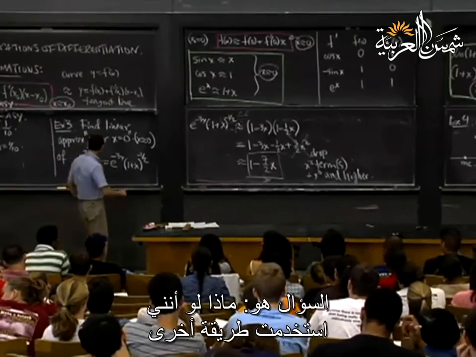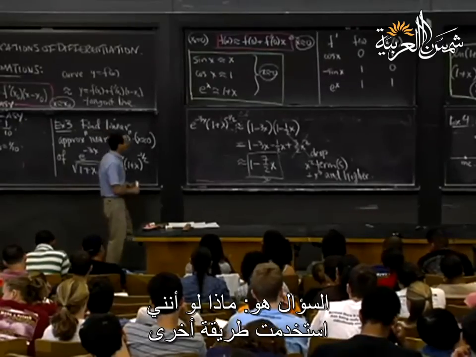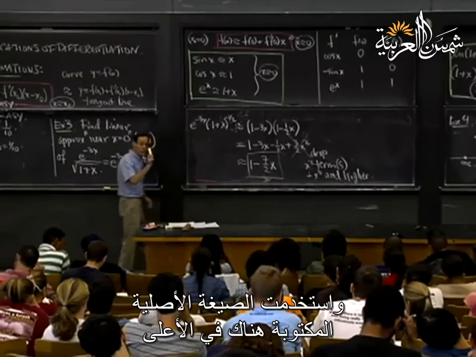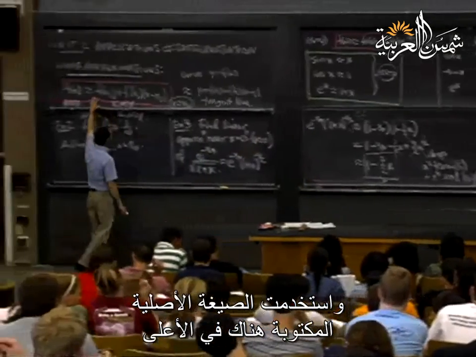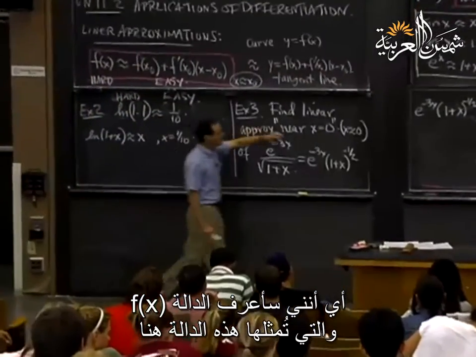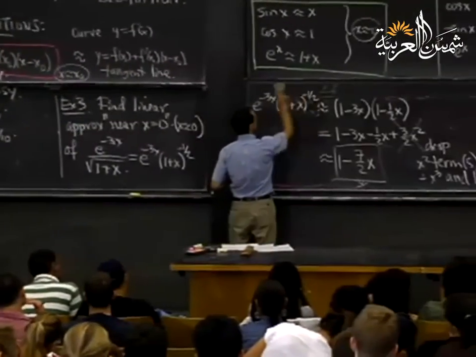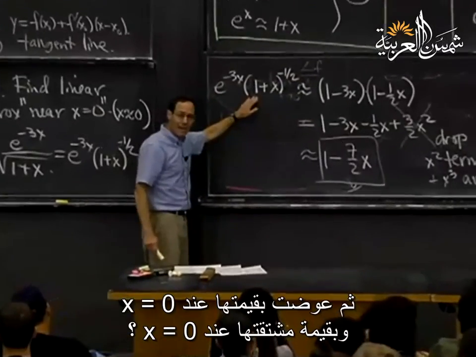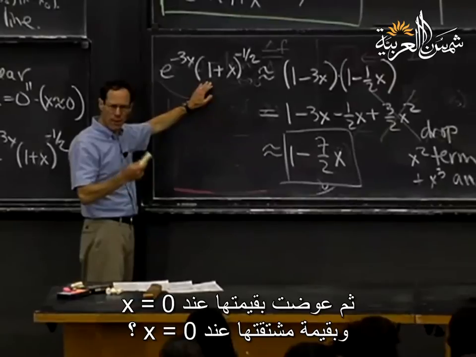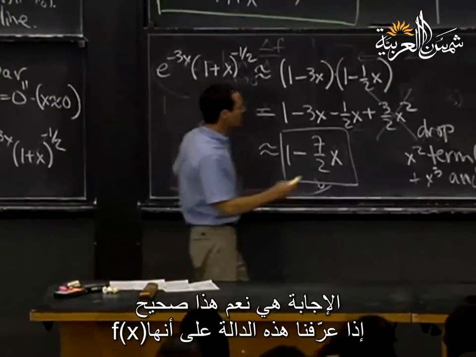Okay, so the question was, suppose I did this by a different method. Suppose I applied the original formula here. Namely, I defined the function f of x, which was this function here, and then I plugged in its value at x equals 0 and the value of its derivative at x equals 0. So the answer is yes.